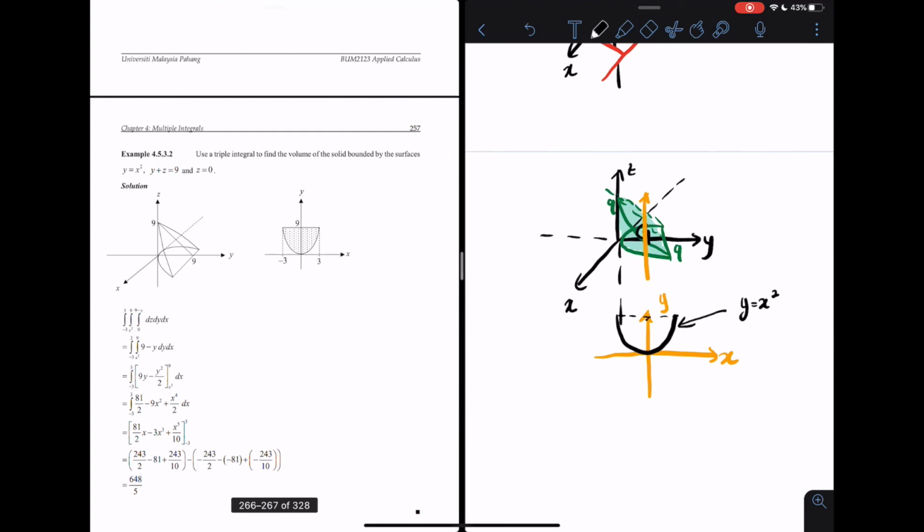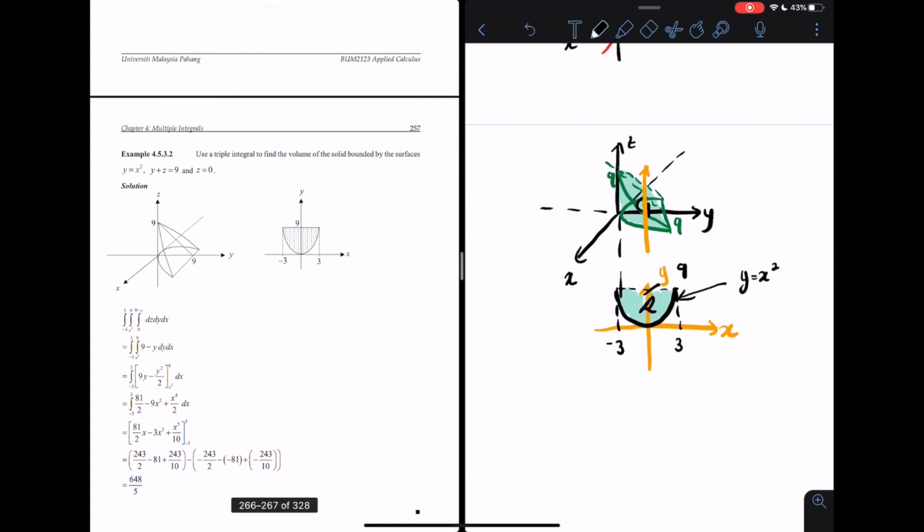From here we know the value here is 9, therefore when y is equal to 9, x squared is equal to 9, x is equal to plus minus 3. So here is negative 3, and here is 3. Then this is your region R.